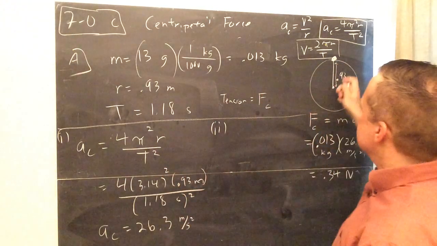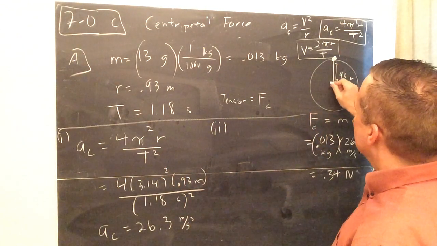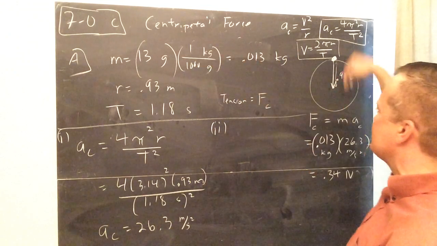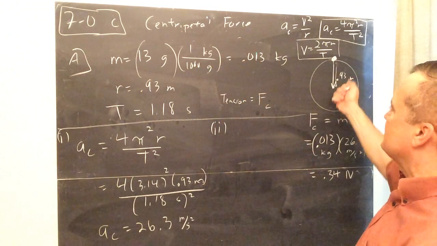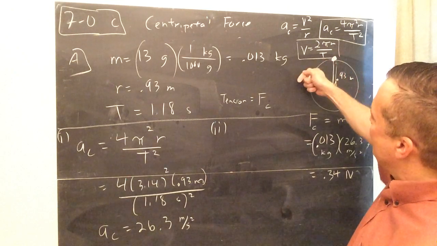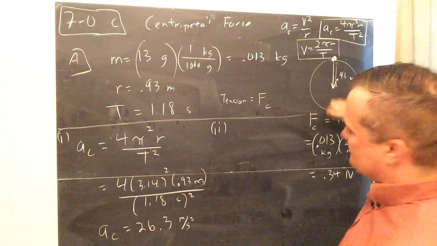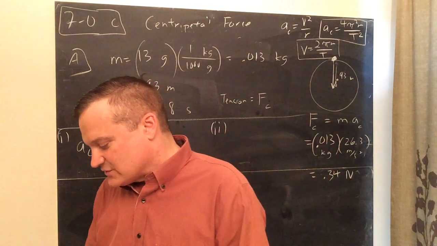The string is pulling it this way. As he's spinning around, it's always centripetal toward the center. You're always pulling it toward the center. Since it's moving that way, but it just stays in a circle, at every moment you're always keeping it in toward the center. Keep pulling it toward the center, keeps it in the circle.